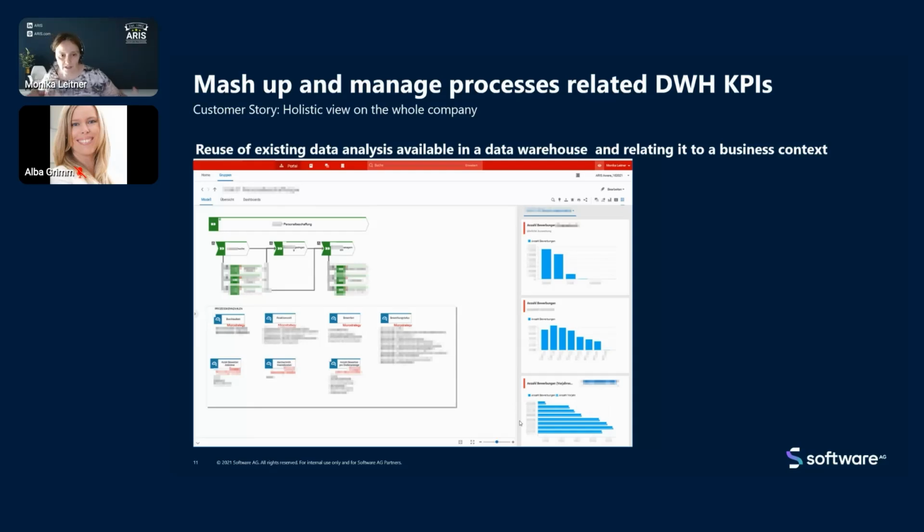They had everything in MicroStrategy, and the use case was they wanted to manage the publishing of the existing KPIs via ARIS. So we discussed a lot about how to fetch the data, because there was more than one possibility, from connecting via JDBC to the relational database, or running reports out of the data warehouse tool.